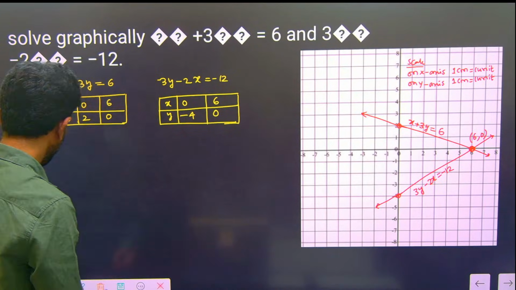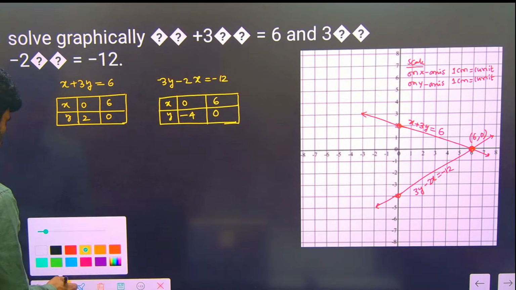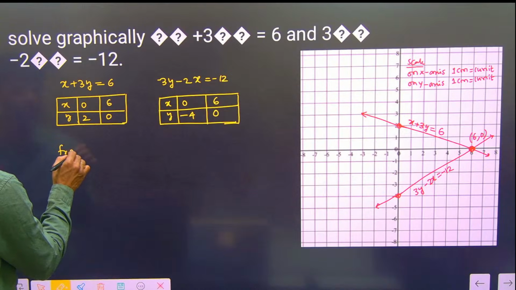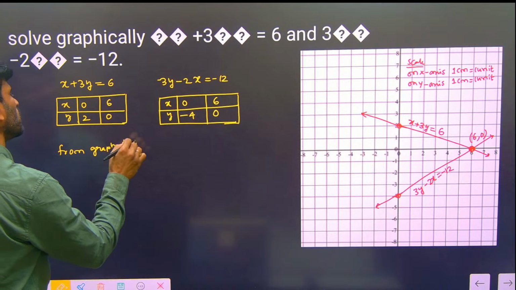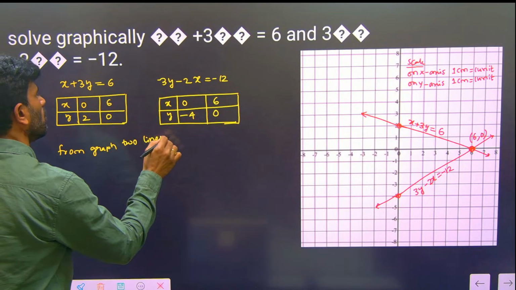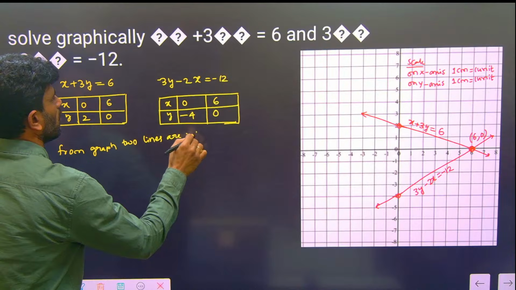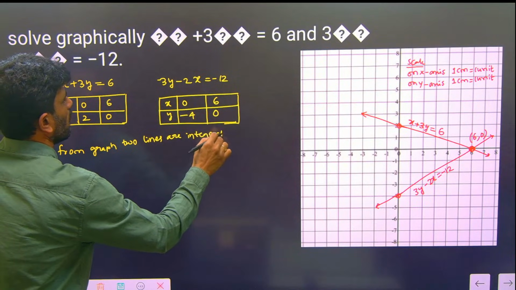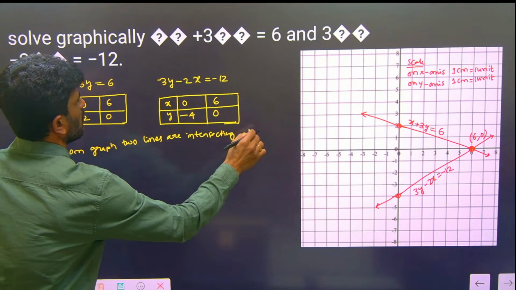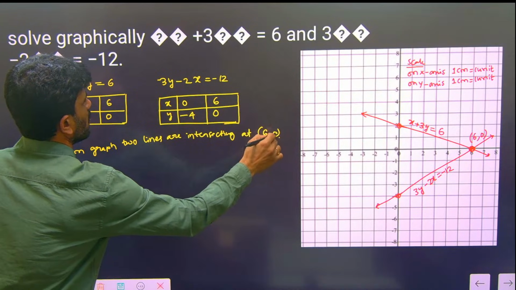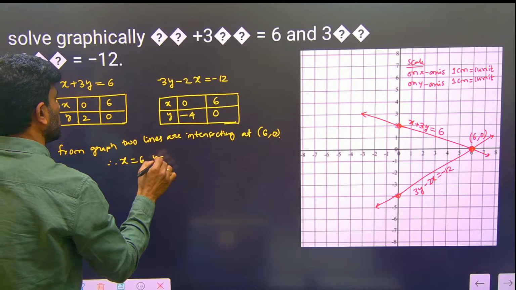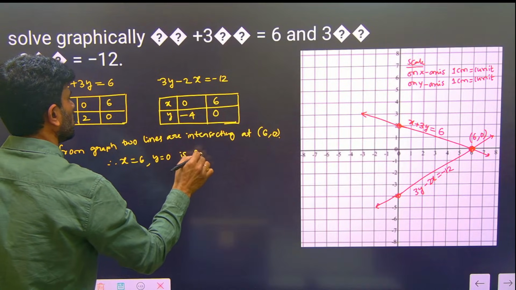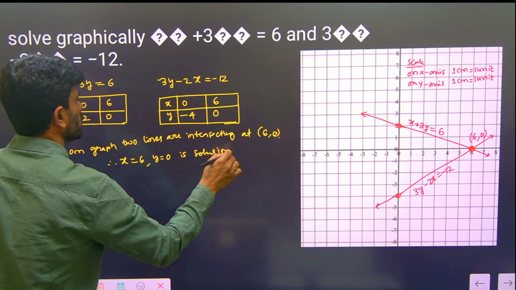If they ask you only to find the solution, what do we write after the graph? From the graph, two lines are intersecting at 6 comma 0, therefore x is equal to 6 and y is equal to 0 is the solution of the given equations, we write.